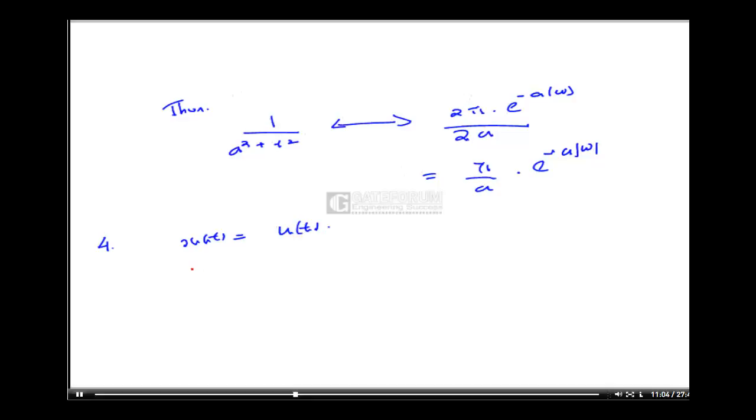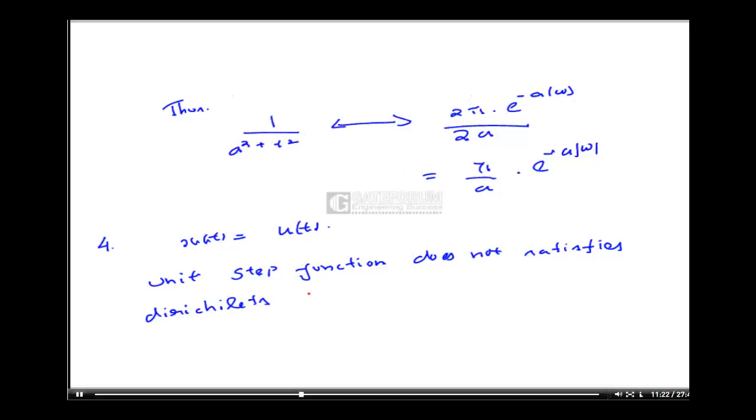See, the important thing is the unit step function does not satisfy the Dirichlet condition of absolute integrability. But it can possess a Fourier transform.